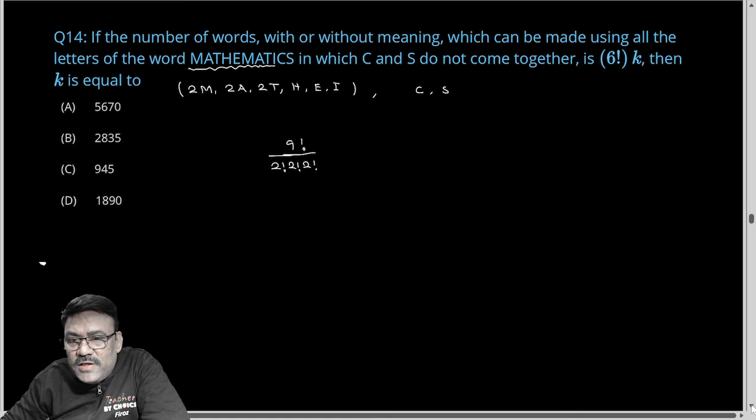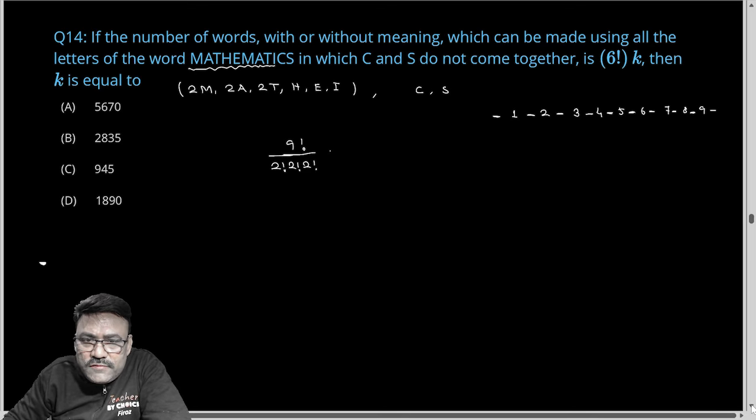Now when you have arranged 9 letters, let's say first letter, second, third, fourth, fifth, sixth, seventh, eighth, ninth, you have a total of 10 gaps including the ends. Since C and S should not come together, I will choose 2 gaps from these 10 gaps.